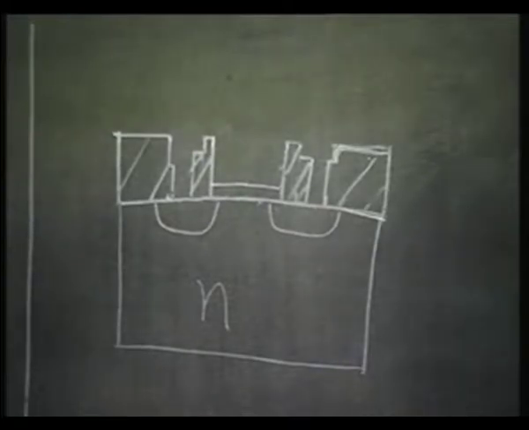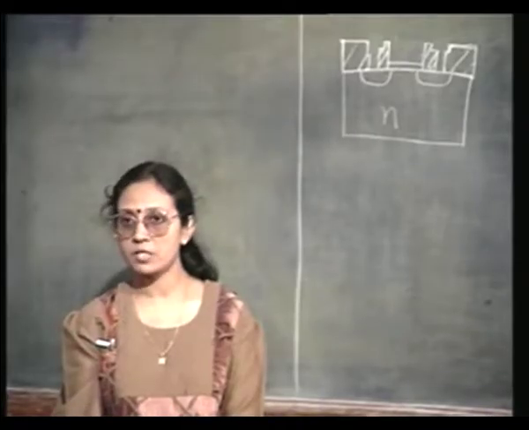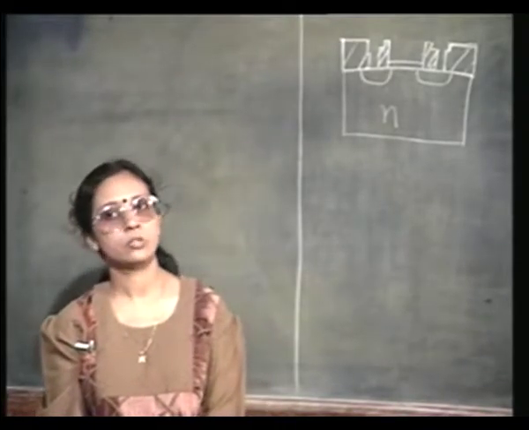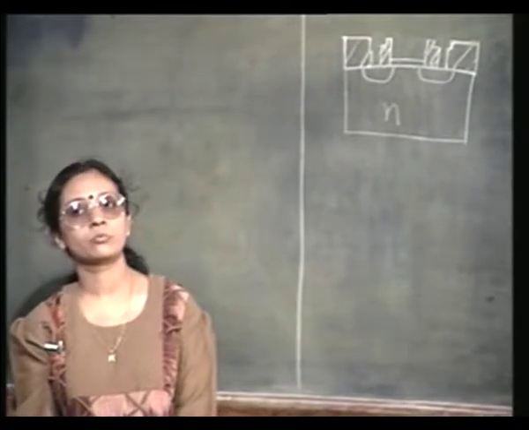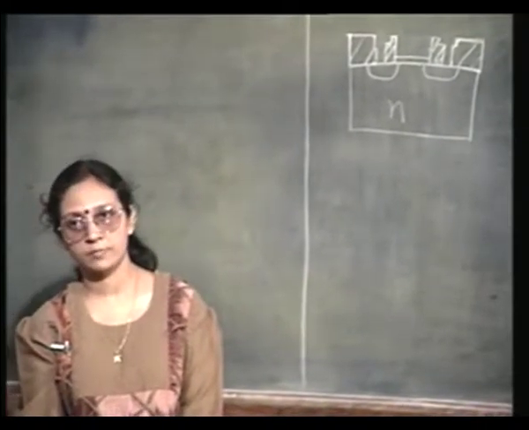Otherwise, the channel will not be continuous. So, it is important in this metal gate technology that the gate actually overlaps the source and drain region, in order for the channel to be continuous.